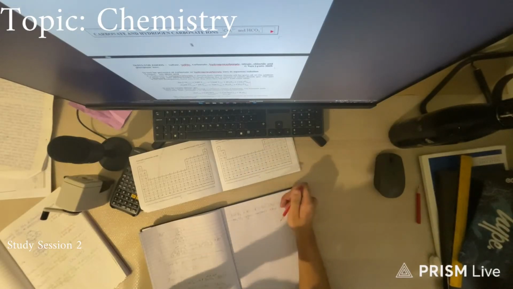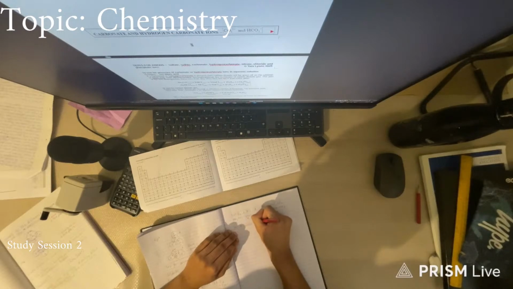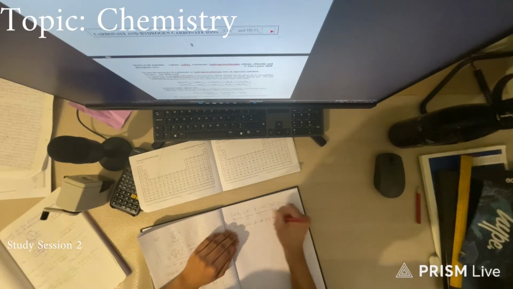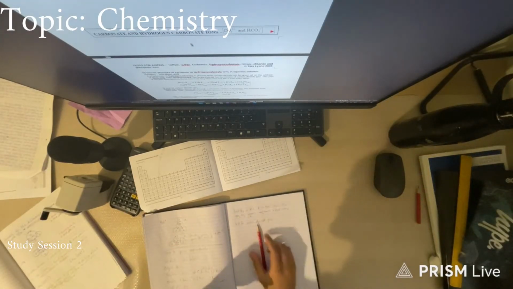Oh yeah, we balanced them already. Nice, lovely. Now test for carbon dioxide gas. So you know it gets quite gassy out here.